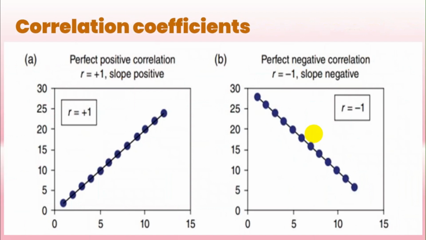Okay, right now, on the screen, you can see some pictures about the correlation coefficients. Picture A presents the perfect positive correlation, R equal +1, slope positive. And the next, picture B, presents perfect negative correlation, R equal -1, slope negative.